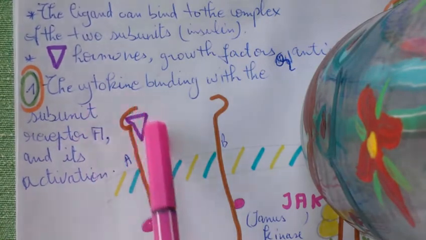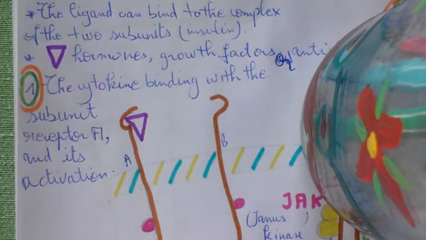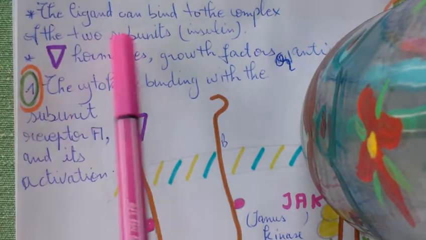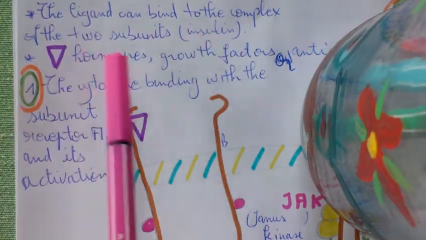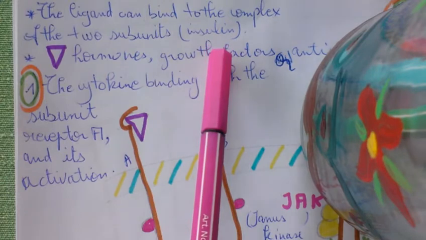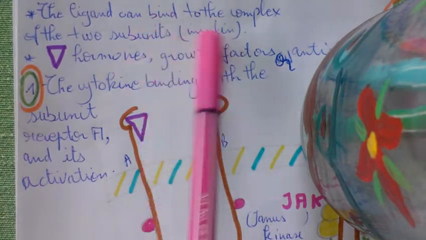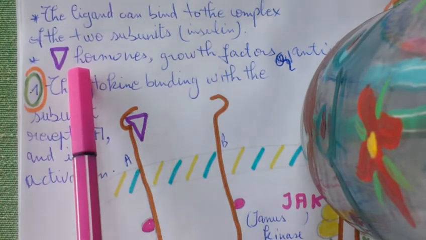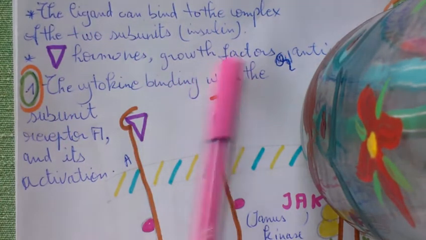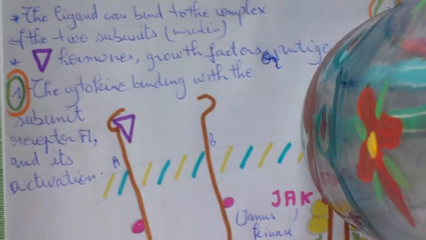This one is going to be activated. We can say that the ligand can bind to the complex of two subunits, in the case of insulin. The ligand can be hormones, growth factors, or antigen.